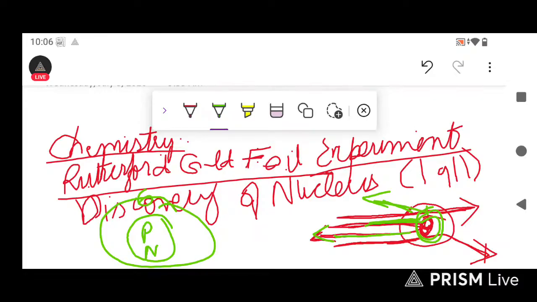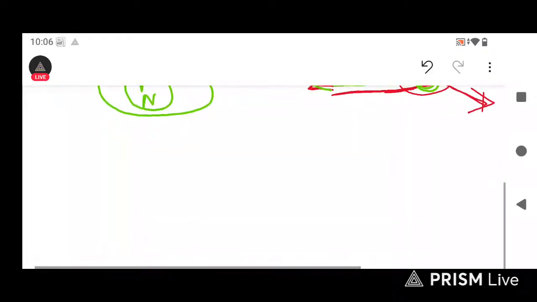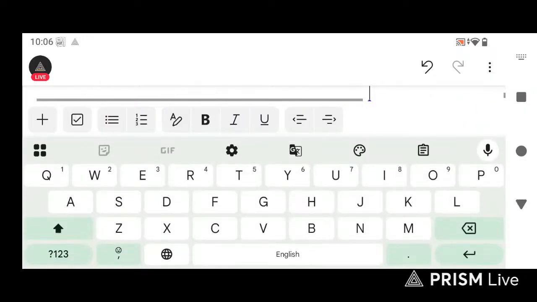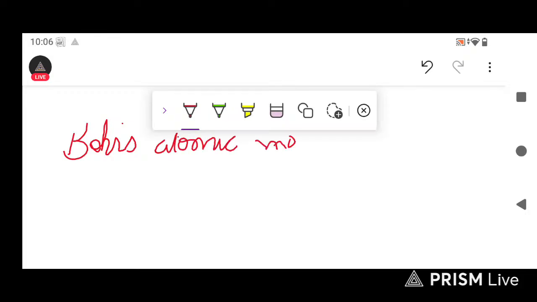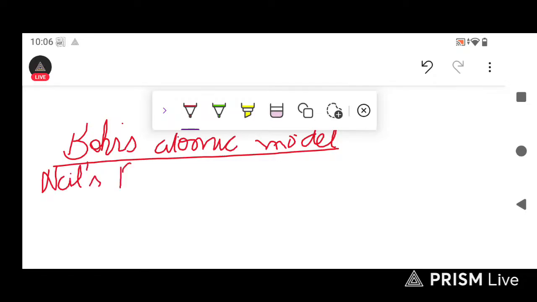The other topic is Bohr's atomic model. His full name is Niels Bohr, in 1913.